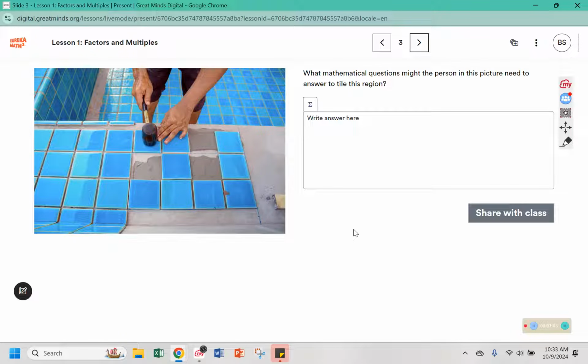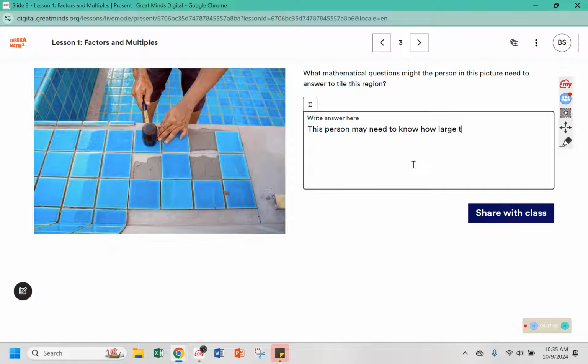What mathematical questions might the person in this picture need to answer to tile this region? This person may need to know how large the area he is tiling will be.